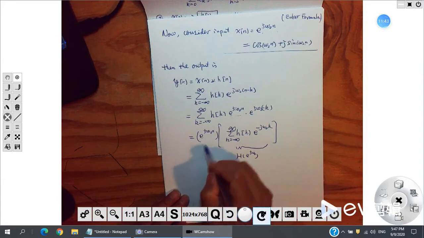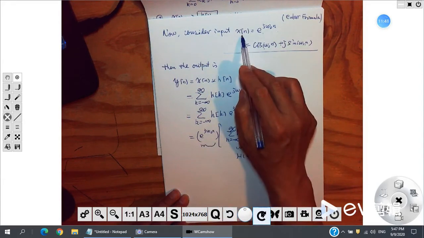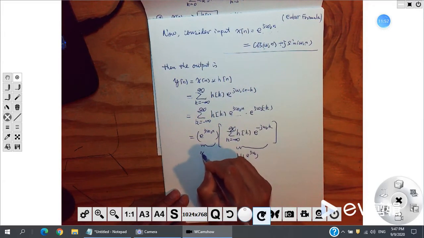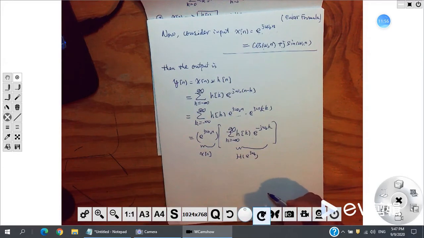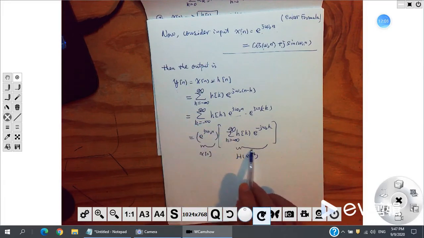And what is this other part? It's the input, x of n. So the output is this value times the input.